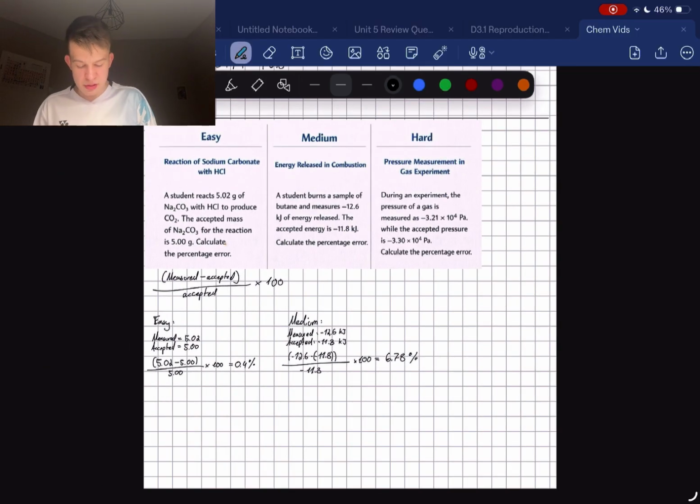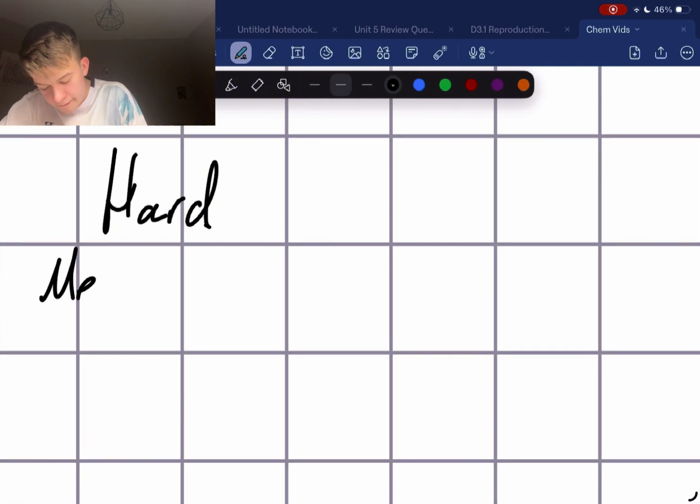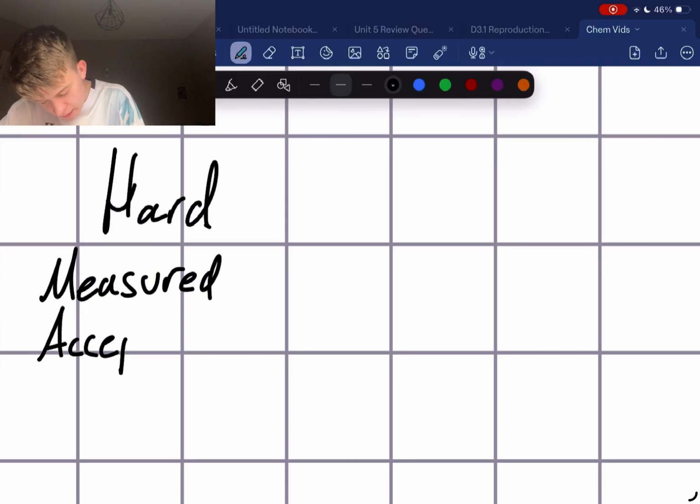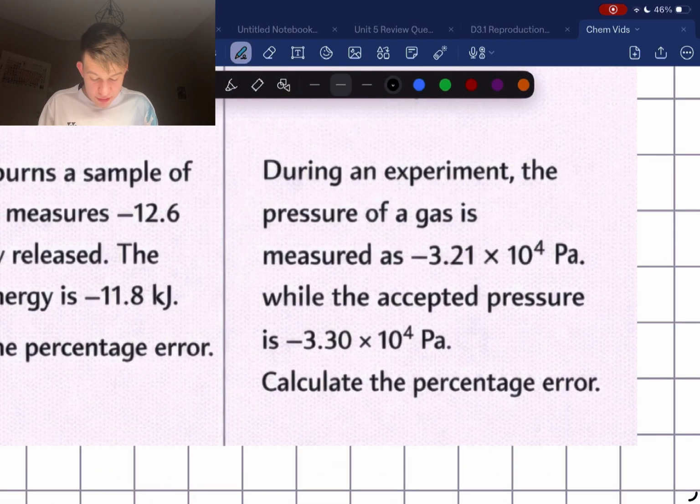Okay, now let's try the hard one. We're going to do measured and accepted. During the experiment, the pressure of a gas is measured at negative 3.21 times 10^4 Pa, while the accepted pressure is negative 3.3 times 10^4 Pa.